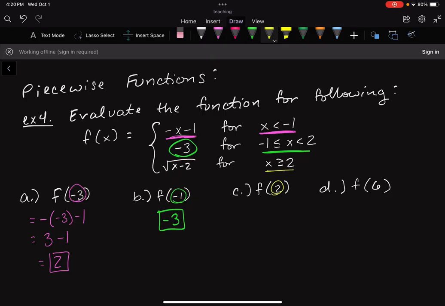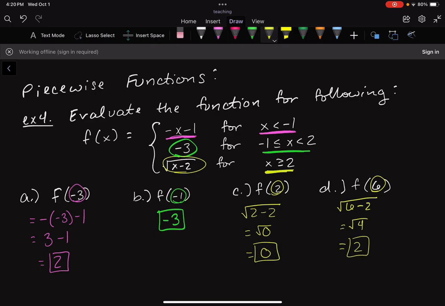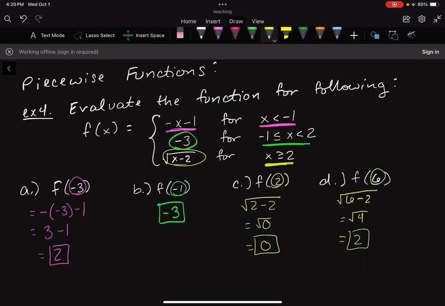Two is going to fit into this one. So I'll plug it into square root of 2 minus 2, which is square root of 0, which is just 0. 6 also falls into that third one. So square root of 6 minus 2, so square root of 4, which is 2. And that's it. So that's evaluating a piecewise function.